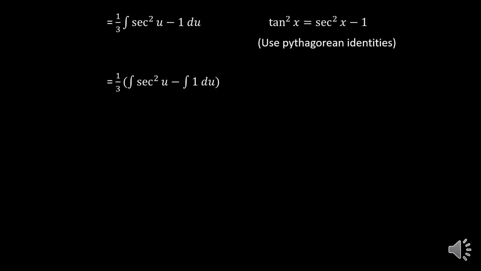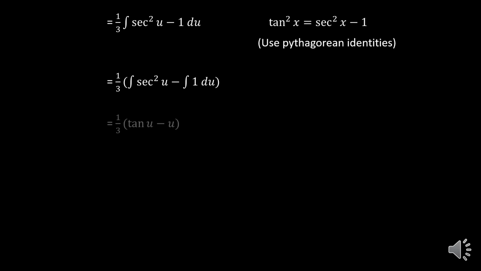So here, to make it easy, we integrate by part. First we integrate the secant square u, and then we integrate the 1 du. So here 1 over 3 integrate secant square u minus integrate 1 du.